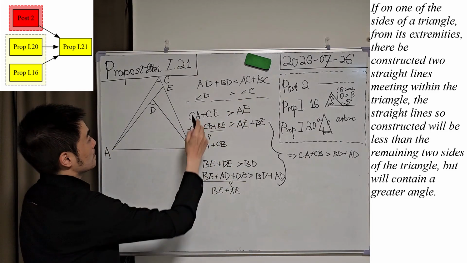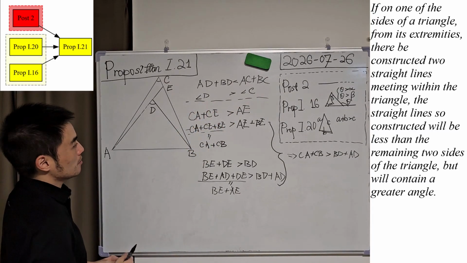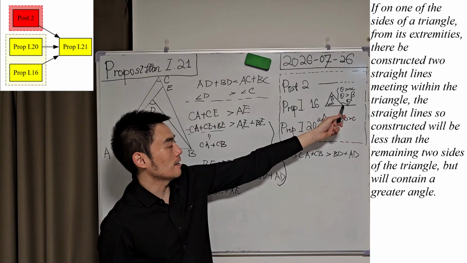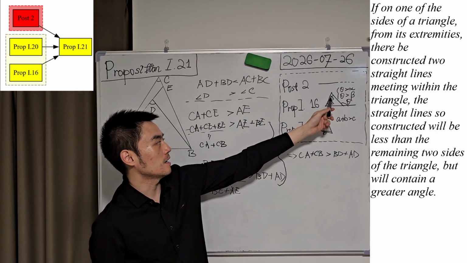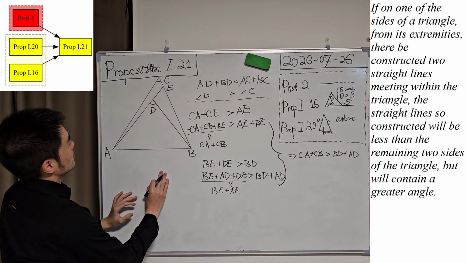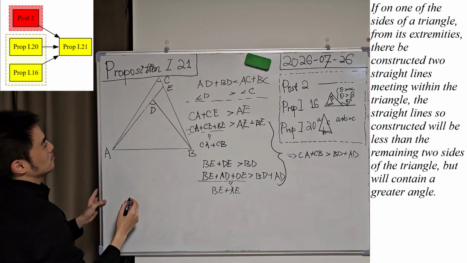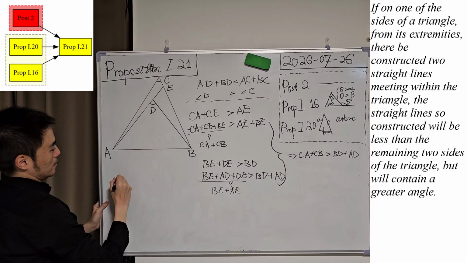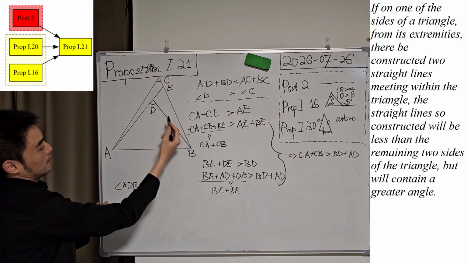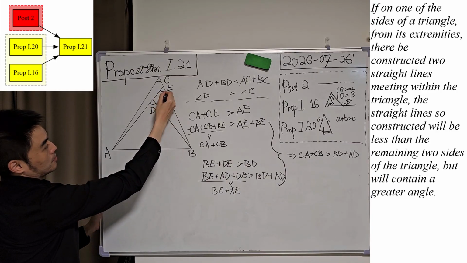And in the next part, let's try to prove the relationship between these two angles. Please recall proposition 16. The exterior angle of any triangle will be greater than either of the opposite interior angles, right? So let us pay attention to this triangle BDE. What we can conclude is that this angle, let's say ADB, is the exterior angle of this triangle BDE, and is greater than the opposite interior angle.